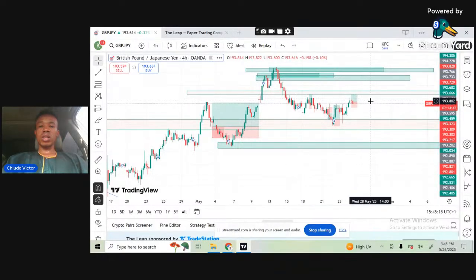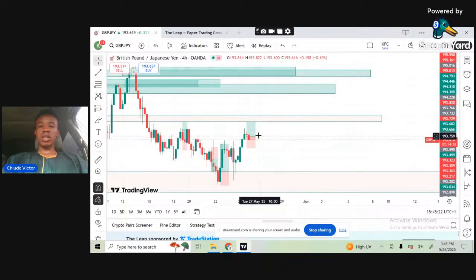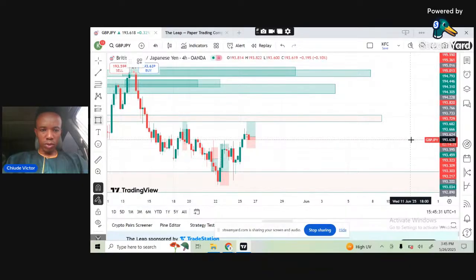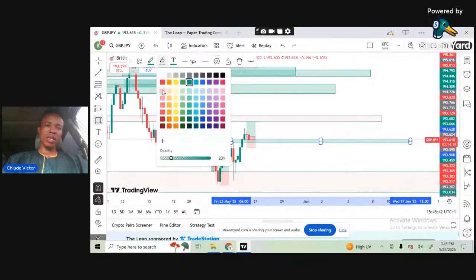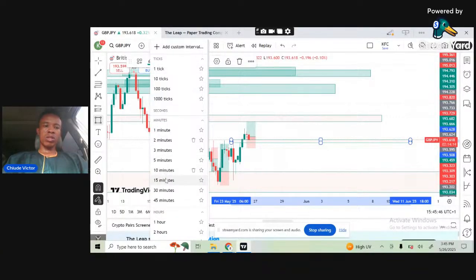First of all, being that I haven't looked at what it's currently doing, I'll be expecting GJ to find a confluence around here. There is a very tiny fair value gap somewhere around here, of which I believe that once price gets there, there will be some reasons why the bullish confirmation should start.